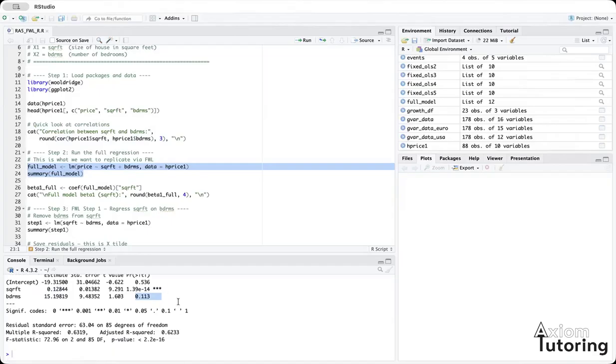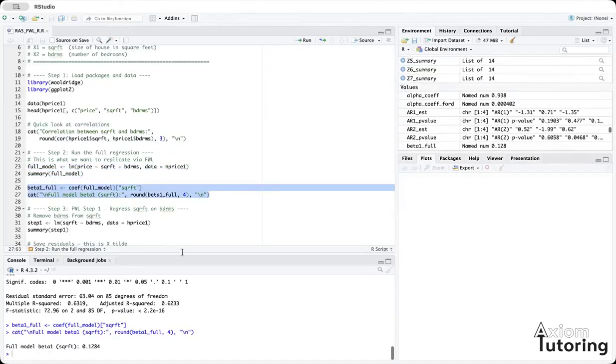But the whole point behind this is not really interpreting the model, but looking at what is happening in this full model, and seeing how the visualization gives us exactly the same result. So to memorize, the beta we are mostly interested in is the one in front of the surface area, which is approximately 0.13.